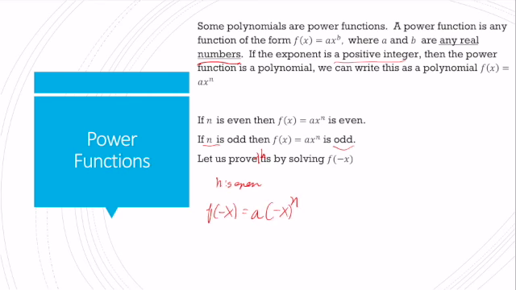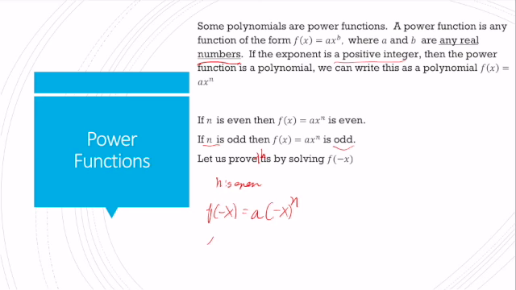I don't have that one regular negative left over. So I have f of negative x equal a x to the n. This is the same as f of x, which means this function is even. So n is even and our function is even. It's nice to make that distinction because I'm using the word even to have multiple meanings in this case.